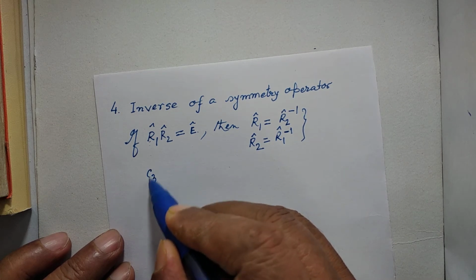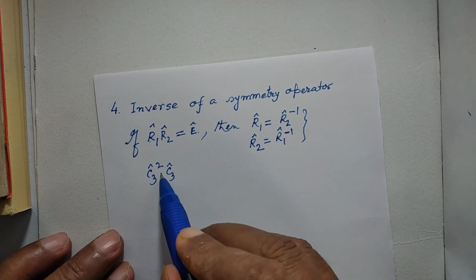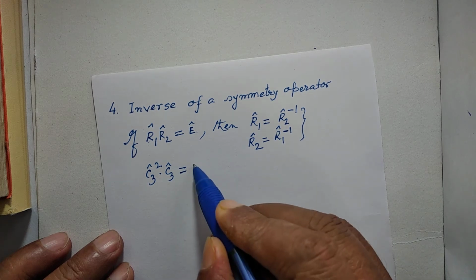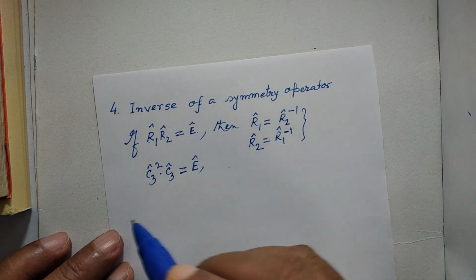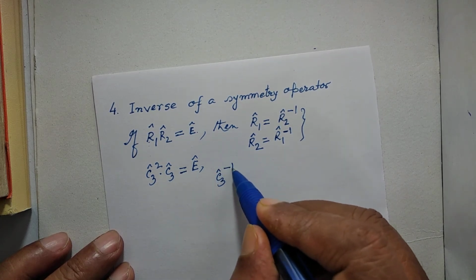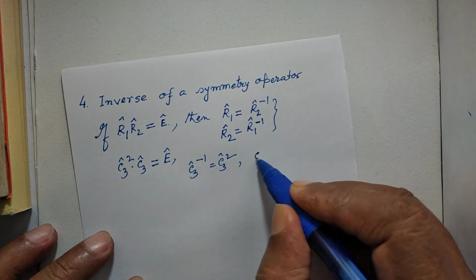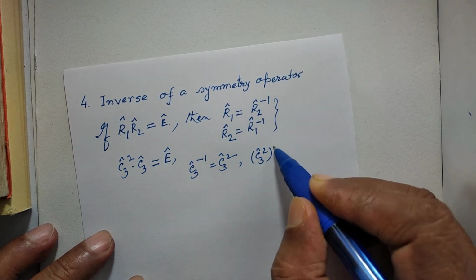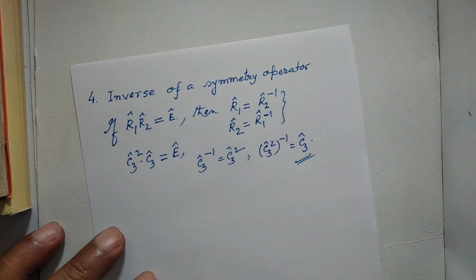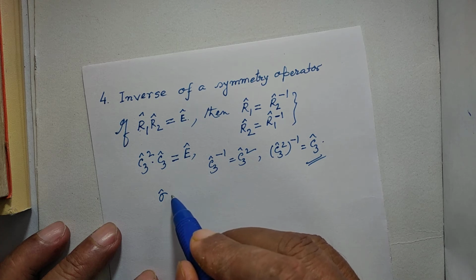For example, C3 square multiplied by C3. Multiplied means executed successively. If the result is identity, then the inverse of the C3 operator is the C3 square operator, and the inverse of the C3 square operator is C3. Sigma, a reflection operator, is its own inverse.